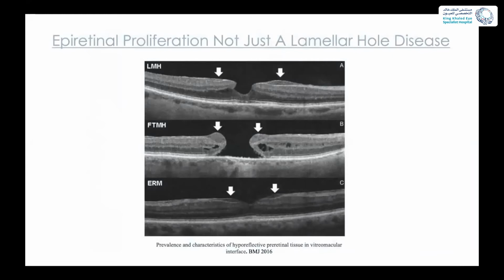So is epiretinal proliferation just a lamellar hole disease, as we saw in our patients? No. Epiretinal proliferation can present in the lamellar hole, but also in full thickness macular hole disease, and also in simple epiretinal membrane. So it is not just a lamellar hole disease.